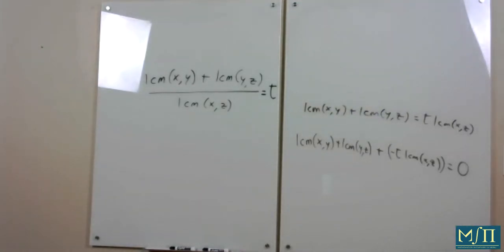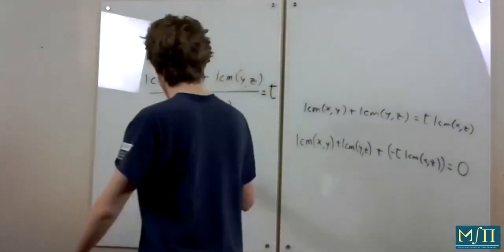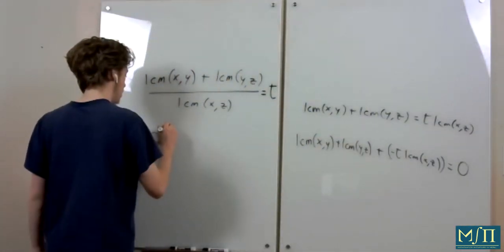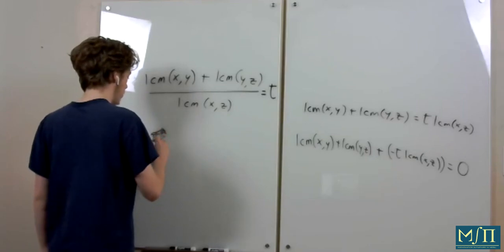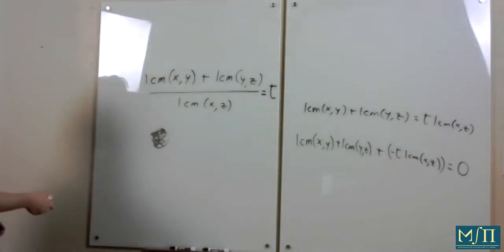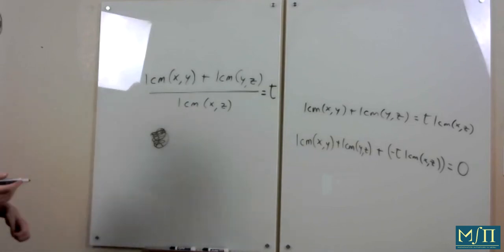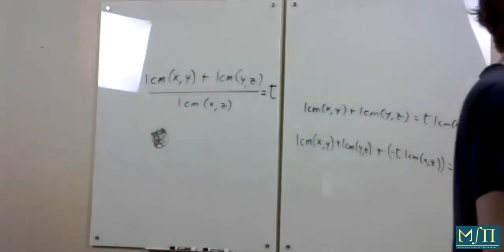You can do some casework on the powers of 2 that divide the numbers, but I want to minimize the amount of casework I have to do. So let's write it in this form, and then consider the maximum power to which 2 divides x, some non-negative integer.